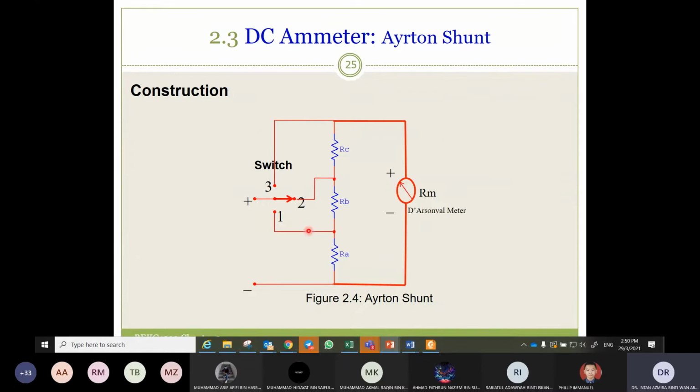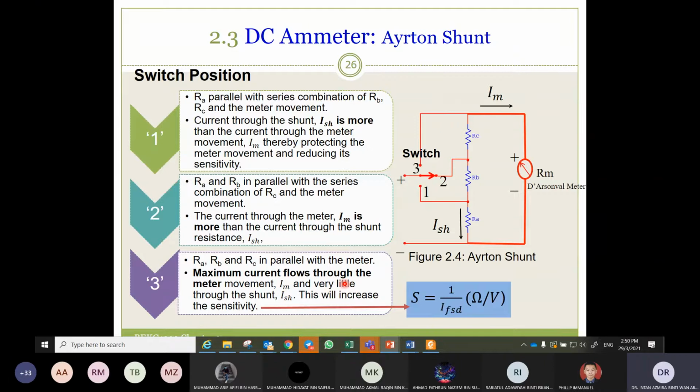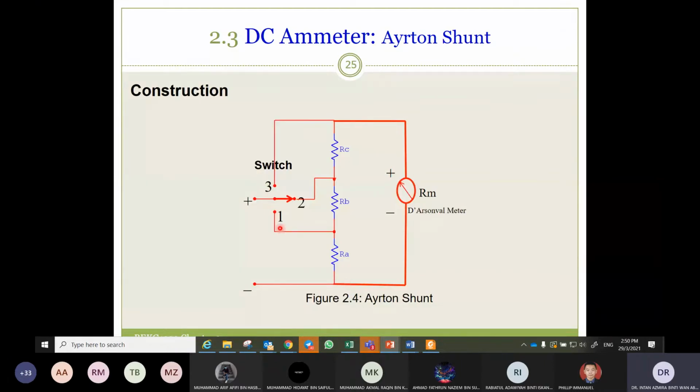This is the Ayrton shunt, where the resistors are connected in this arrangement. It is different from the previous multi-range ammeter, where the shunt resistances are connected in parallel. Position 1 is for range 1, 2 is for range 2, and 3 is for range 3.